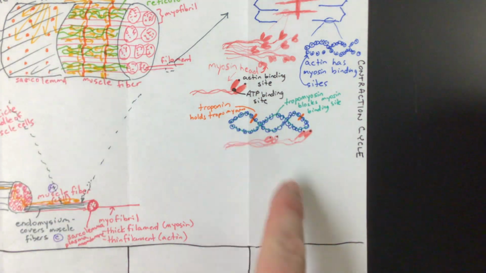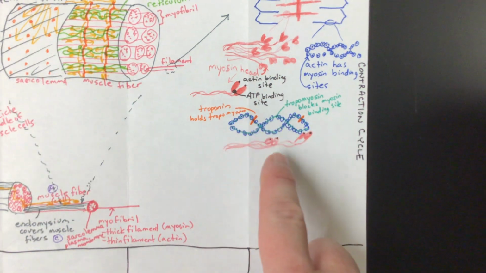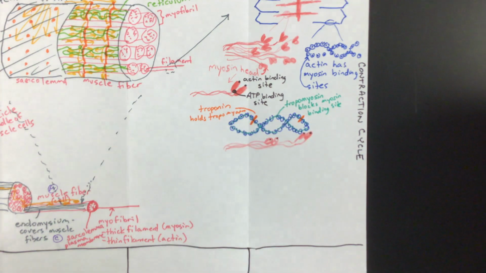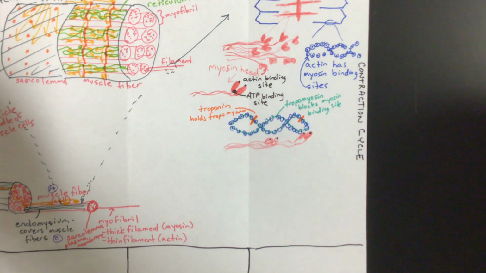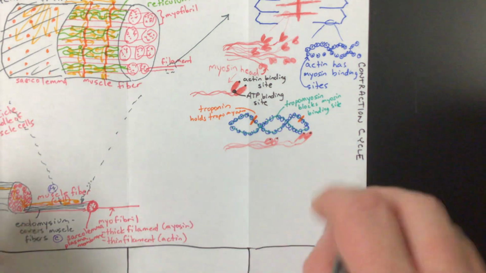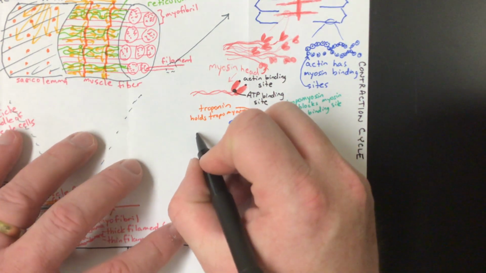All right, so we've got 4 proteins involved here: actin, myosin, troponin, and tropomyosin. And what's going on in this picture, so this would be a muscle at rest.